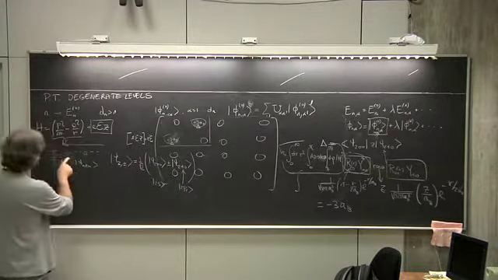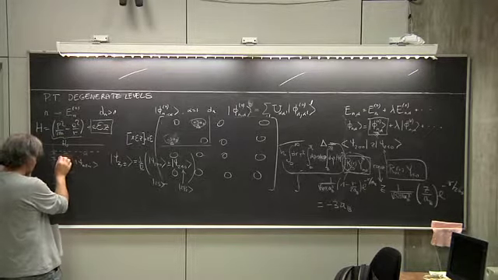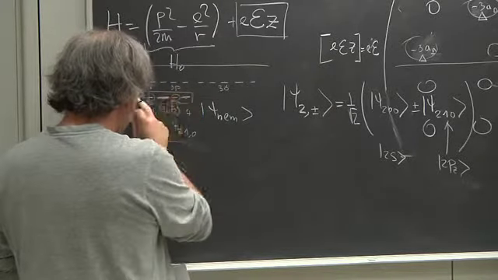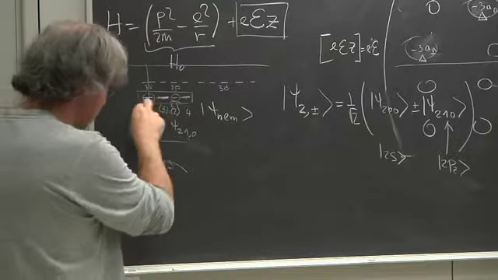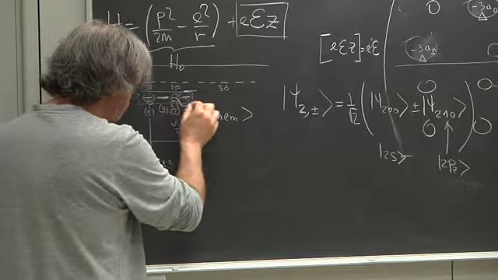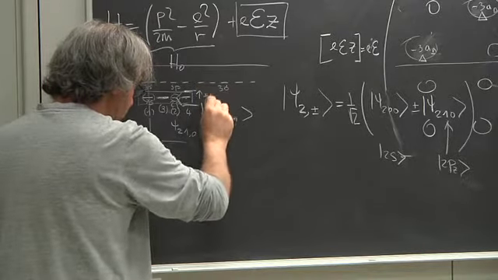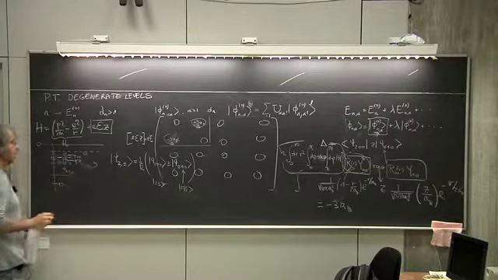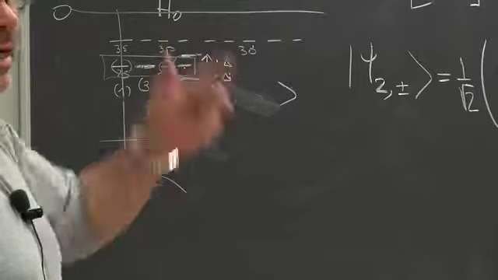Therefore, in the spectrum, two of them, for instance this and that, would keep staying here. These two, however, I have to mix. And I mix them in this way. By mixing them, one will go up and one will go down, by plus delta and minus delta. Now, really, delta is negative, so it's actually kind of the opposite.